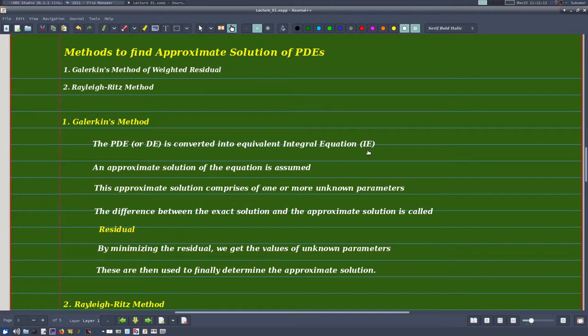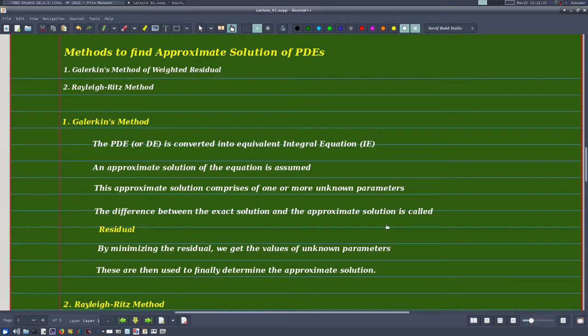You will realize after we take up the problems. Then we assume a certain approximate solution for those differential equations, comprising one or more unknown parameters.